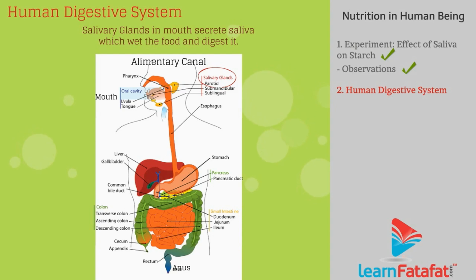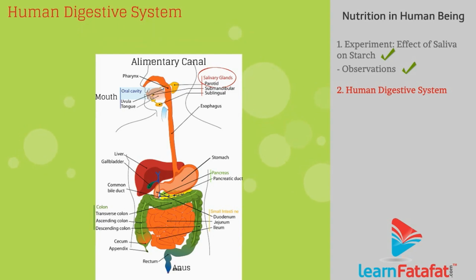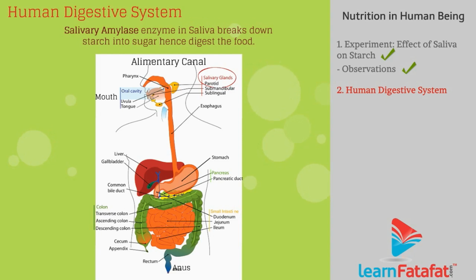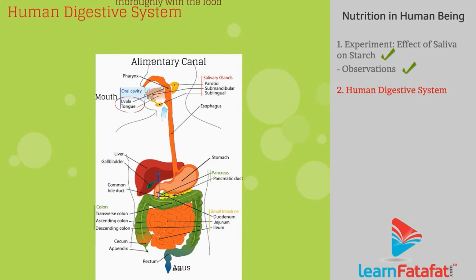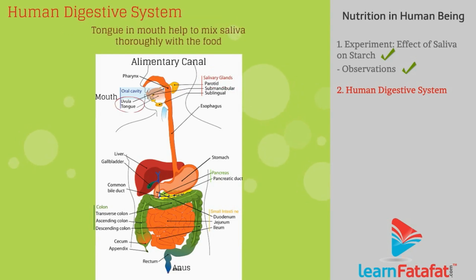Salivary glands in the mouth secrete saliva, which wets the food and digests it. The salivary amylase enzyme in saliva breaks down starch into sugar, hence digesting the food. The tongue helps to mix saliva thoroughly with the food.